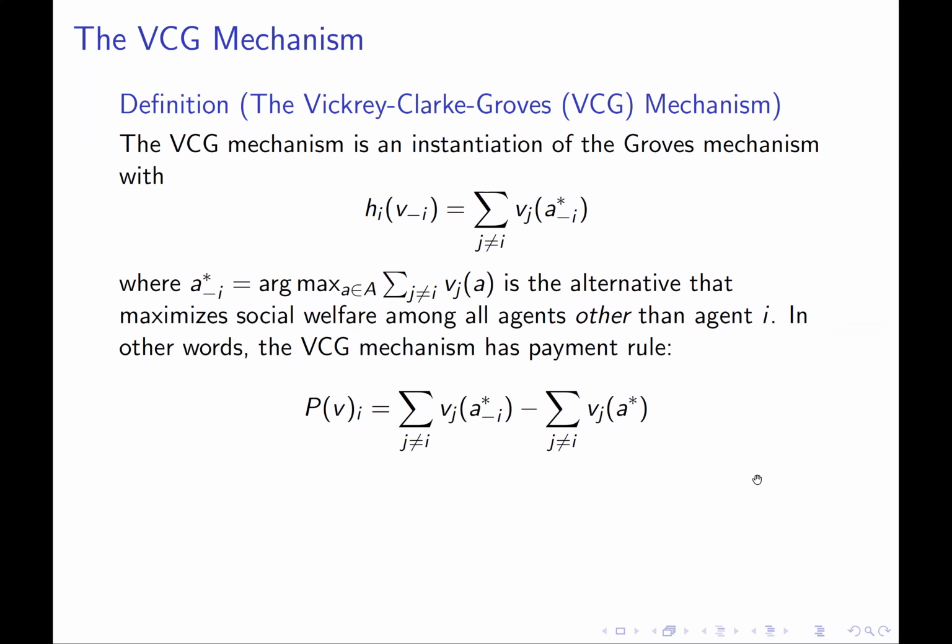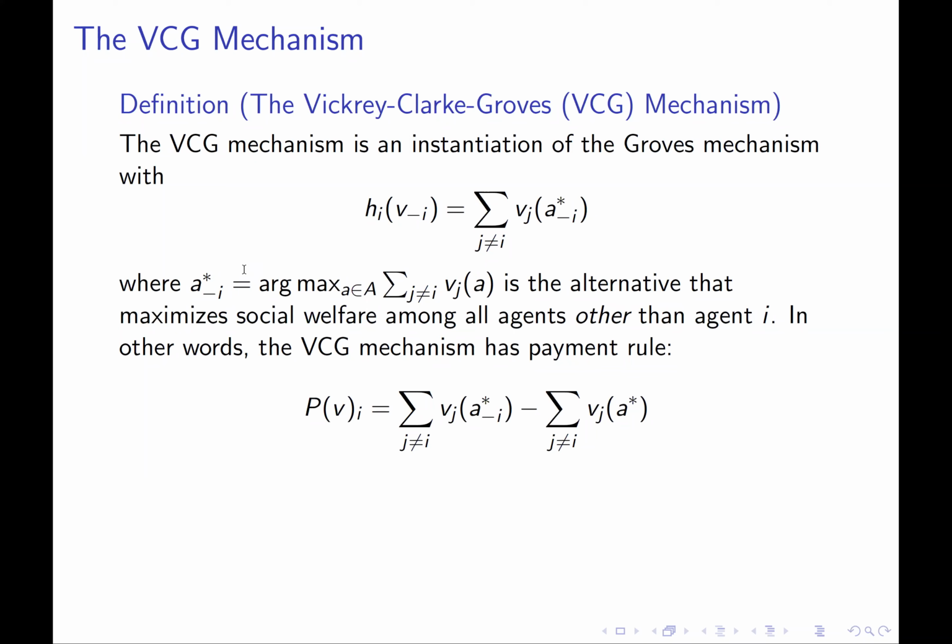It's the sum over all of the other players, j, not including player i, of their valuation for this alternative that I've written A star minus i, which is defined to be the alternative that the mechanism would have chosen had player i not participated. A star minus i is the thing that maximizes social welfare if we consider only the n-1 agents other than i.